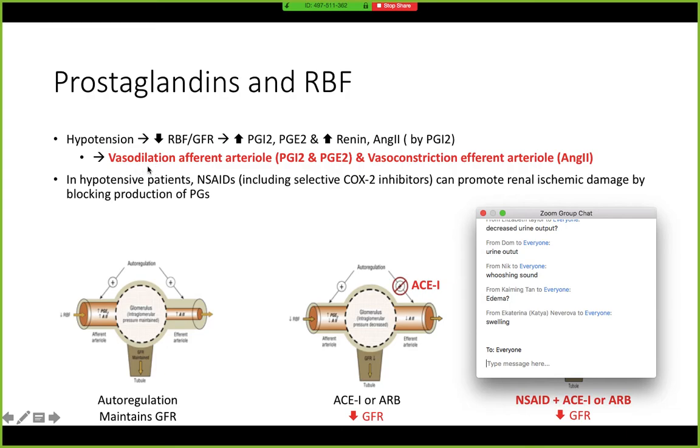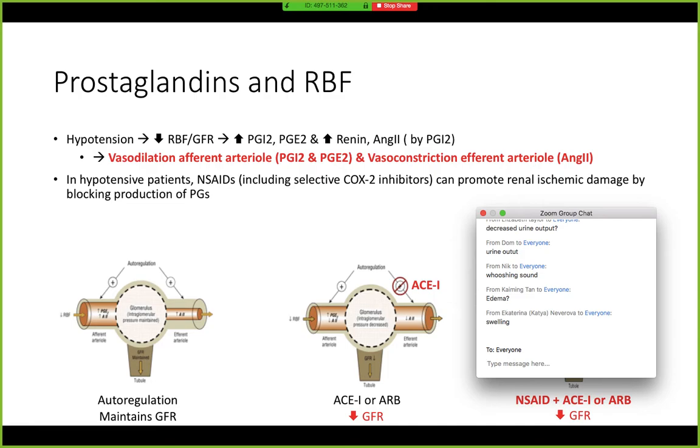So as a result, you're going to see vasodilation of the afferent arteriole and vasoconstriction of the efferent arteriole, which again is mediated by the increase in angiotensin II. So if you have a patient who is hypotensive and you give that patient an NSAID, you can promote renal ischemic damage by blocking the production of prostaglandins.